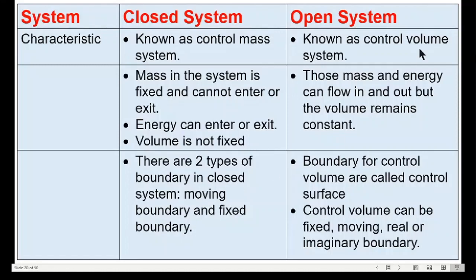However, in an open system, the boundary for a control volume is called the control surface, and this control volume can be fixed, moving, real, or imaginary. So if you are asked in the examination what the differences are between closed system and open system, you should write like this, like in this table.